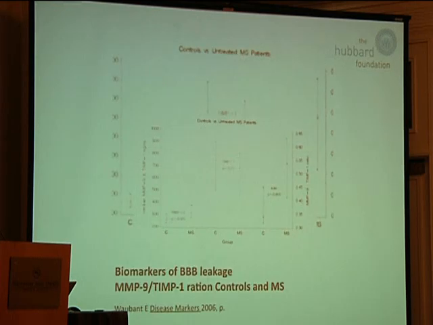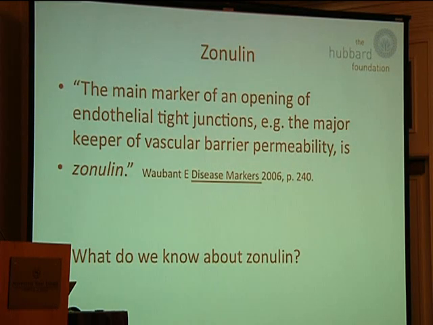This is a lousy slide, but this marker, this is normal, and this is MS. This marker is also significantly elevated compared to normal. Zonulin is the molecule that controls endothelial permeability.